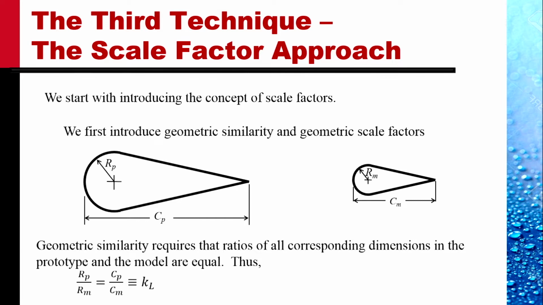If R denotes the radius of the nose of the body, then Rp by Rm, the radius in the prototype divided by radius in the model, is equal to the chord Cp of the prototype divided by the chord of the model, each of these ratios being equal to K sub L. K sub L is read as the length scale factor.